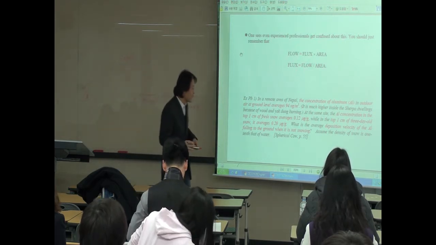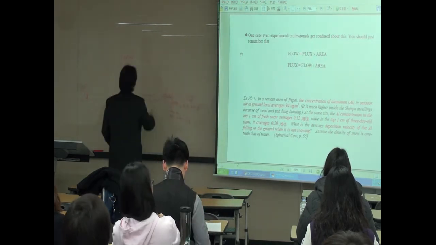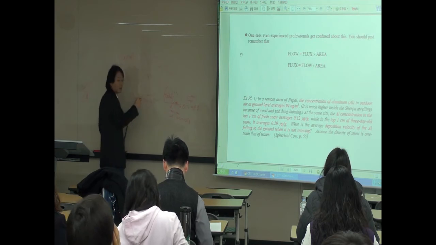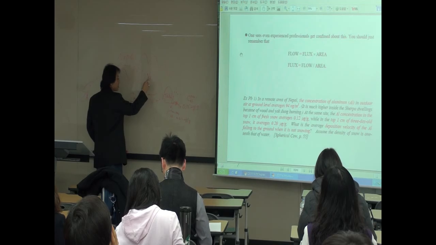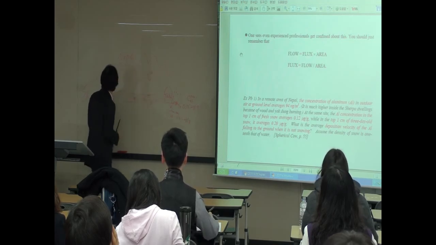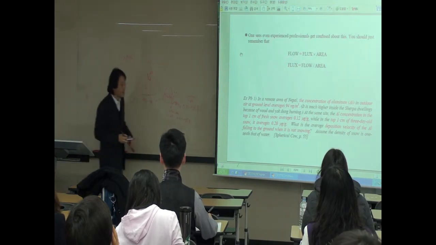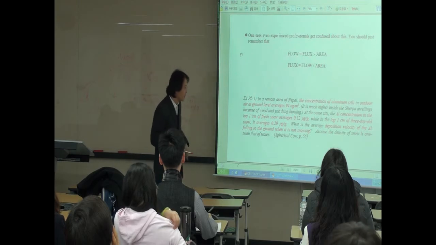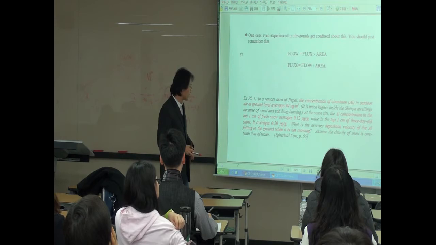So, what is the average deposition velocity? We just want to know the deposition velocity of aluminum at this area. So assume the density of snow is 1/10 that of water.